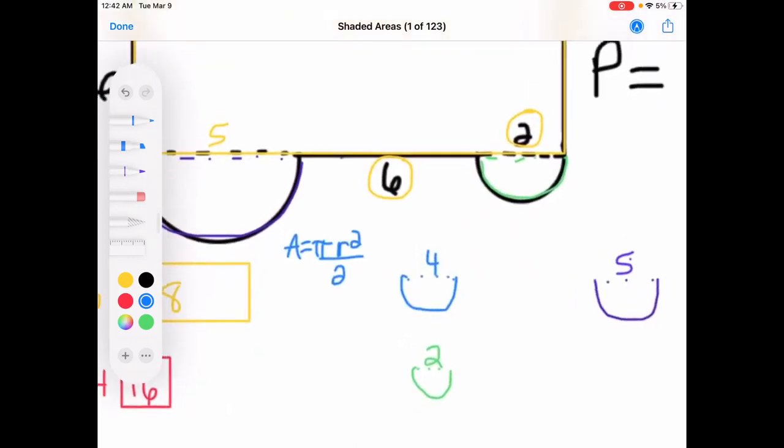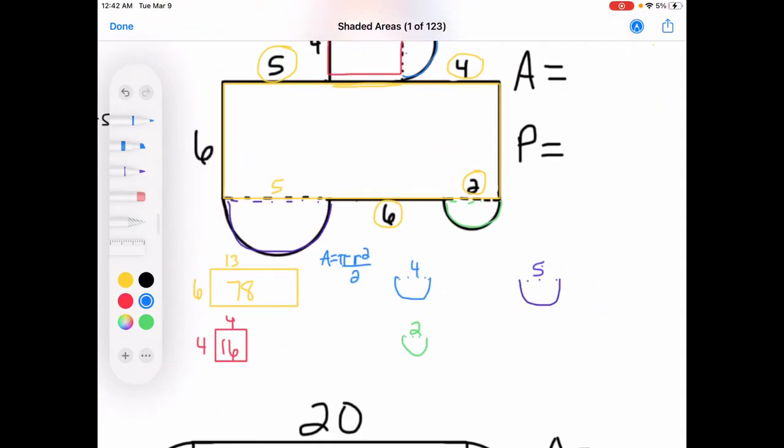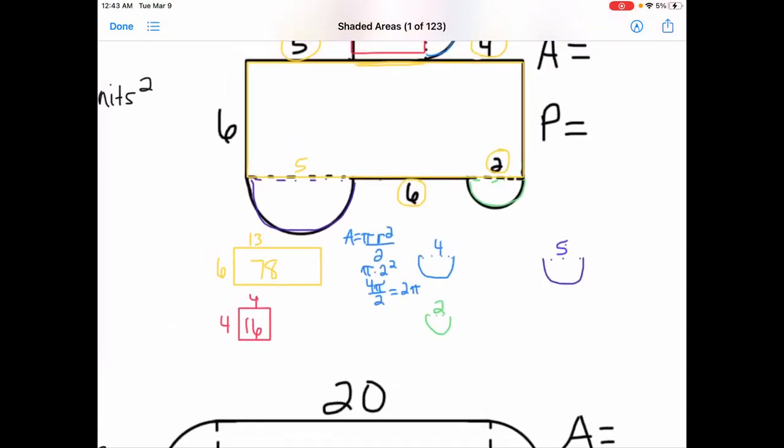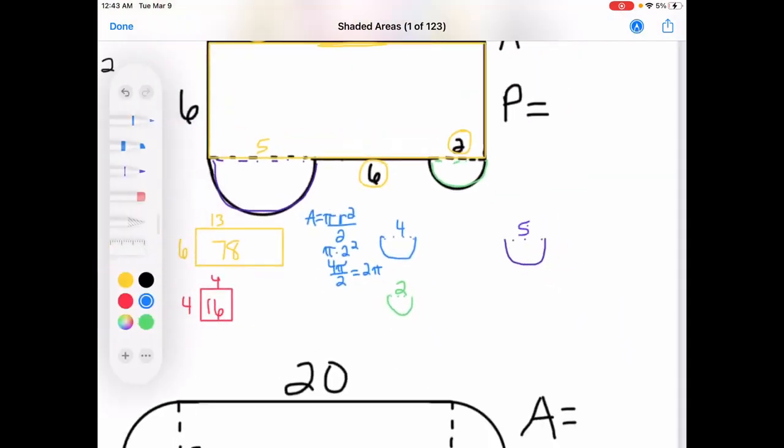So we have a diameter of 4, which tells me that my radius is 2. So pi times 2 squared. 2 squared would be 4, so 4 pi divided by 2, which would be 2 times pi, which would be 6.28 units.